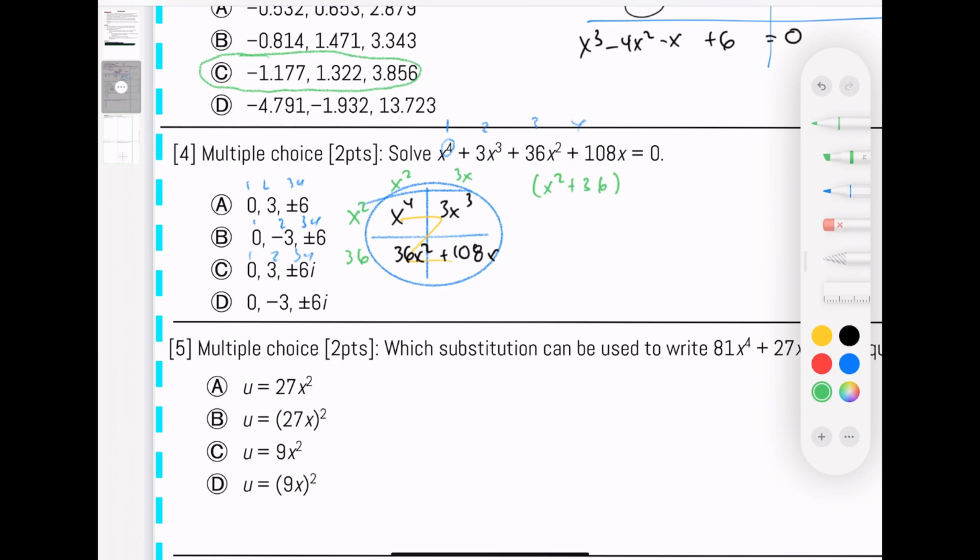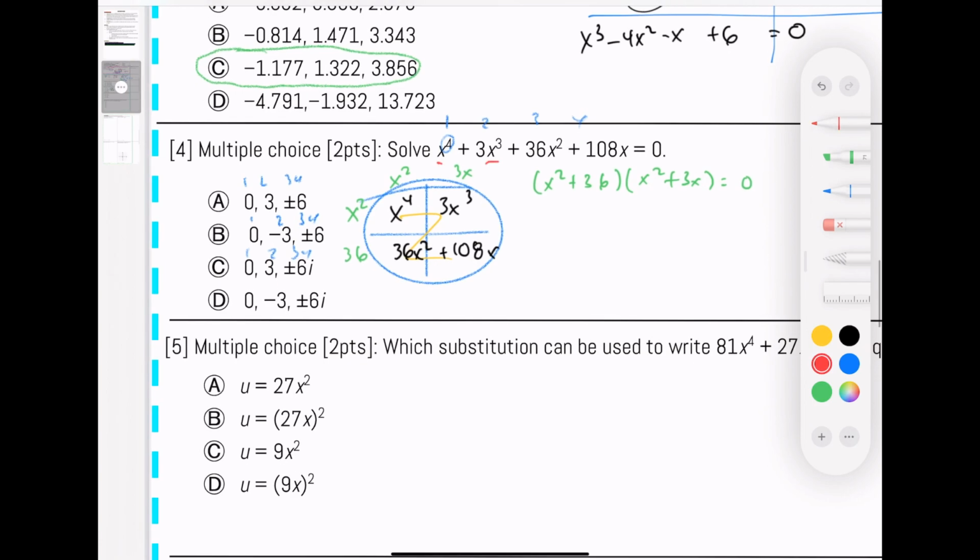And hopefully you recognize now what I forgot, and this is a great thing about math, it's very forgiving, is that each of these terms had an x in it. So I could have taken a GCF of an x, or I can recognize that I can take out the GCF here. X plus 3, and this one is x squared plus 36.